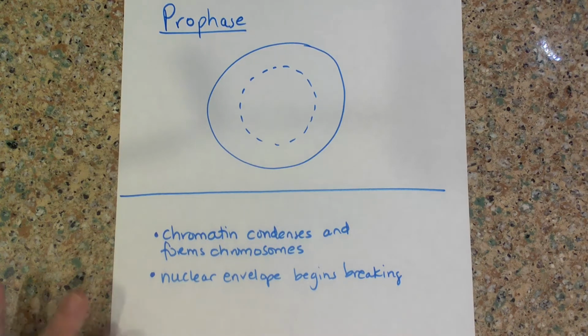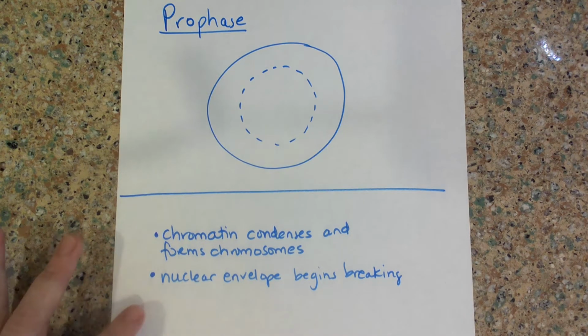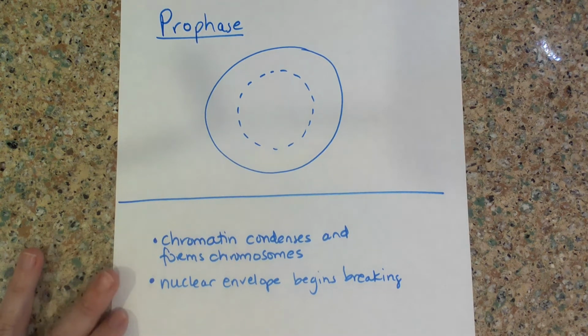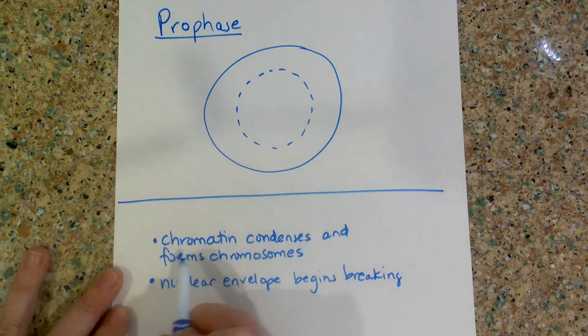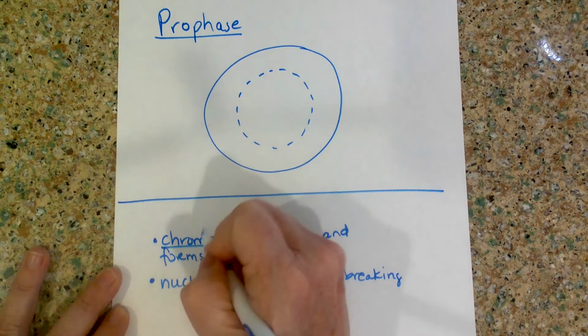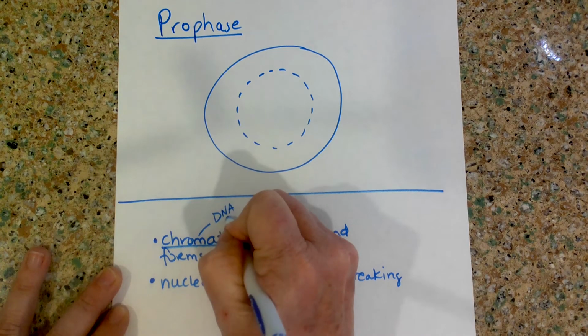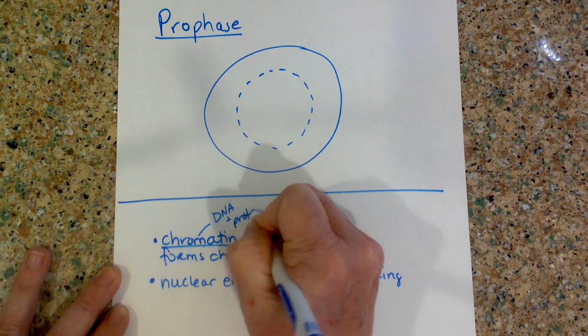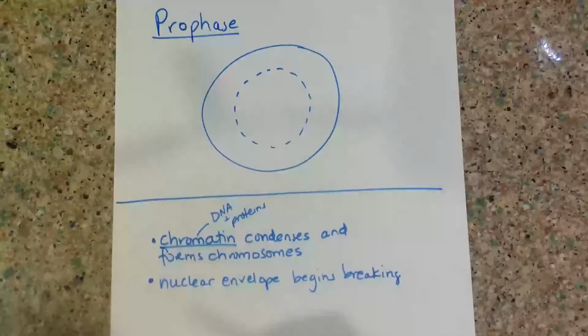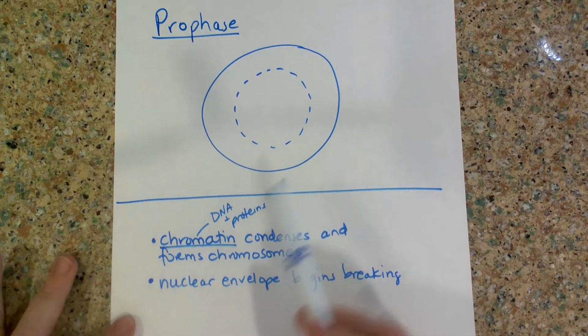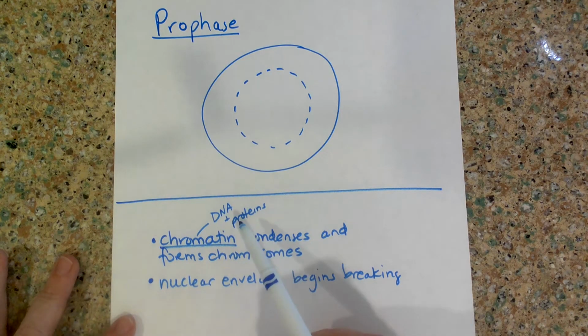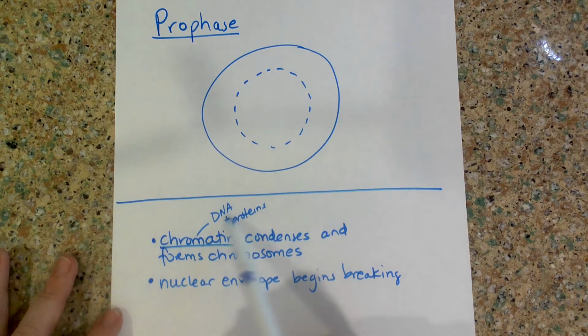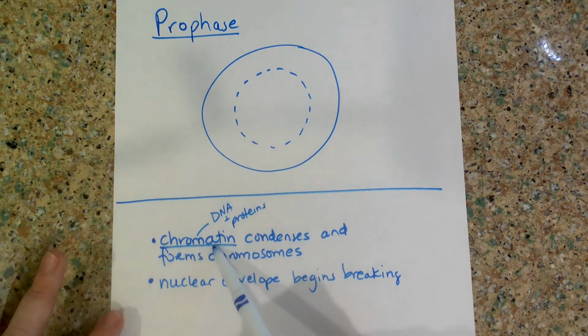So the chromatin is going to condense. The envelope around the nucleus is going to start breaking down. And when the chromatin condenses, chromatin is DNA plus proteins. So DNA is like wrapped around these proteins called histones, and it just keeps the DNA from getting tangled up. So when you talk about the DNA wrapped around proteins, it's called chromatin.